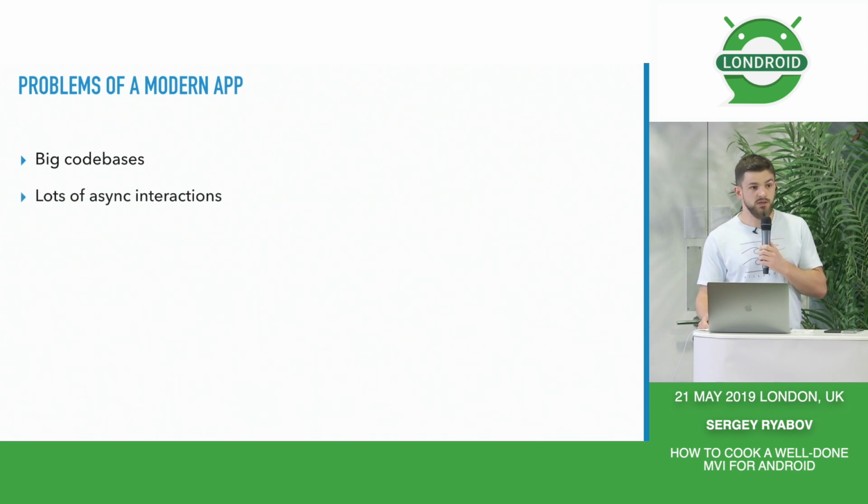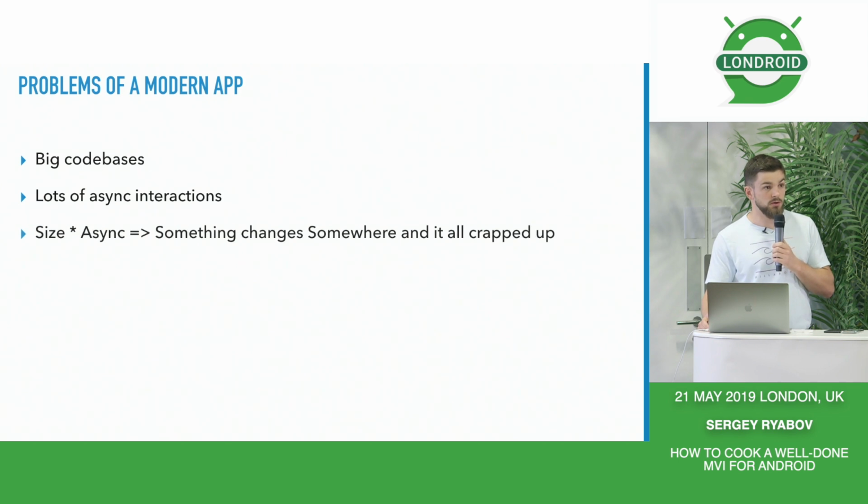The next one is lots of asynchronous communication in our applications. We have REST backends, WebSockets, push notifications, and events coming from our operating system, and all these events usually have some impact on our application. They probably change our state somehow.